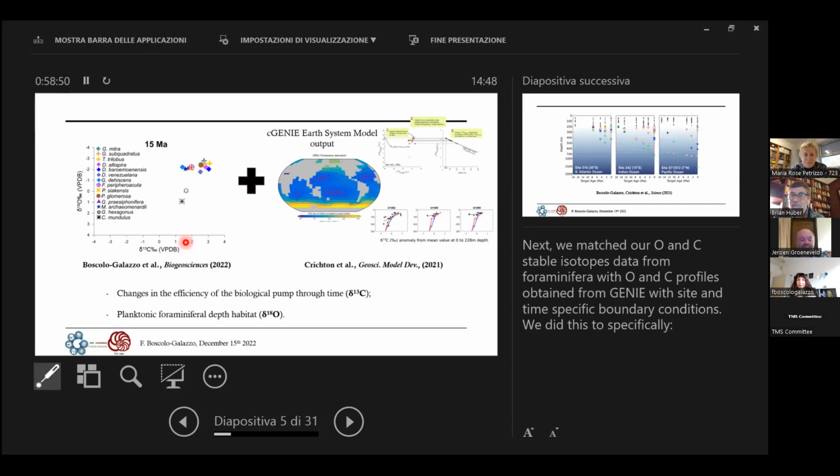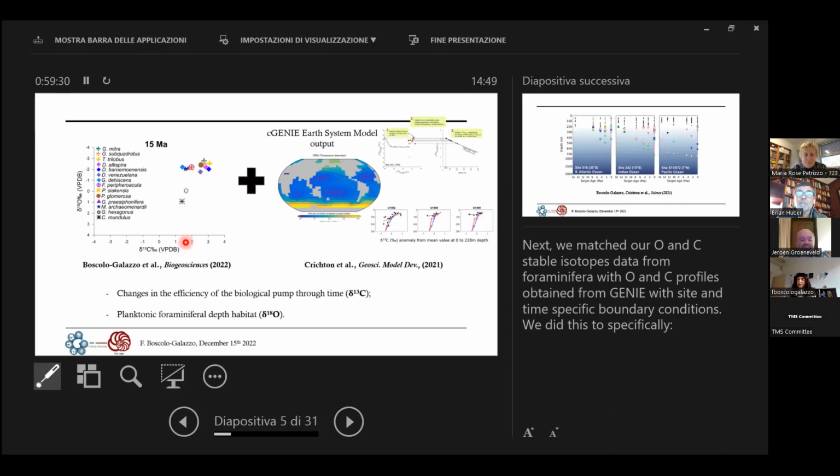Yeah, we have some evidence, actually. This is something we are working on. Chris Smart is working on the benthic assemblage data from the same samples I've been working on, but we don't have data yet. However, we compared this with some older plots that Ellen Thomas produced. We know that since the middle Miocene there is a progressive increase in benthic foraminifera accumulation rates, especially in the low latitudes, if I'm not wrong.